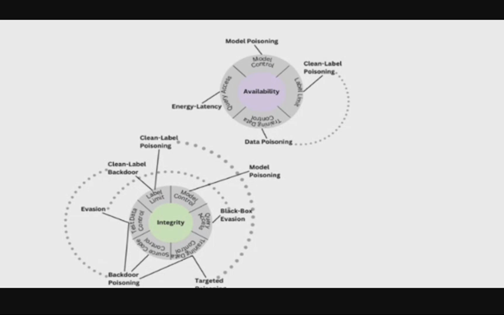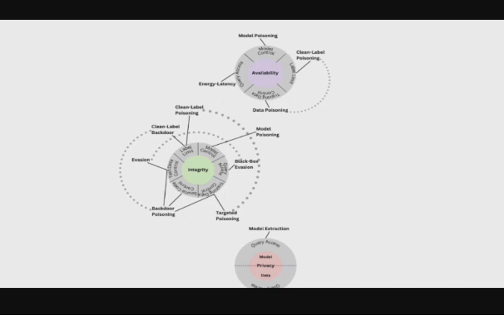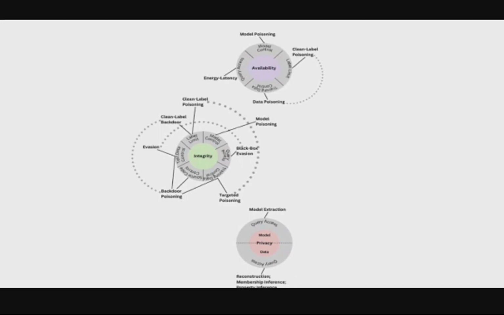So from this image, it summarizes most of the other attacks. Model poisoning, for example, attacks the availability of the model, whereby it affects the model control and then leads to the unavailability of the model.